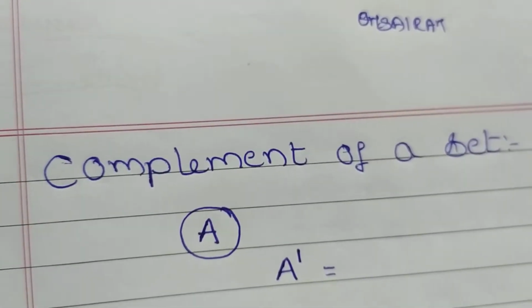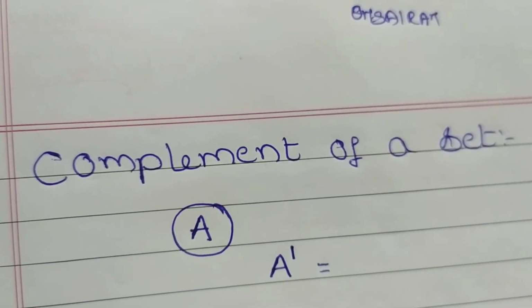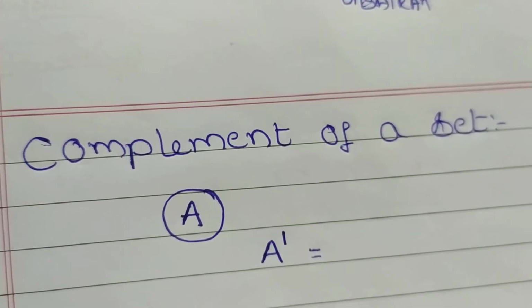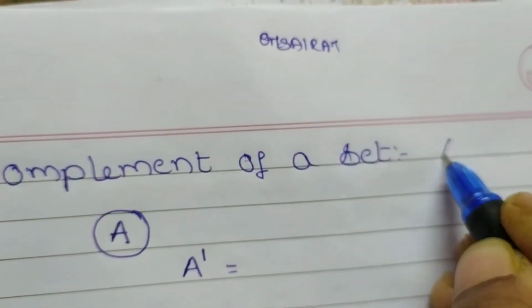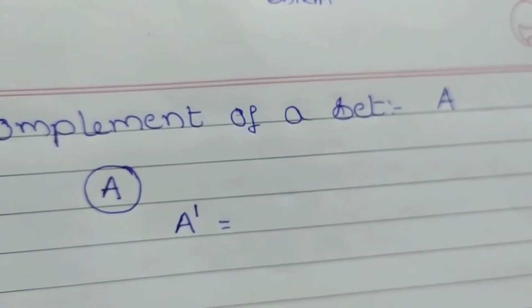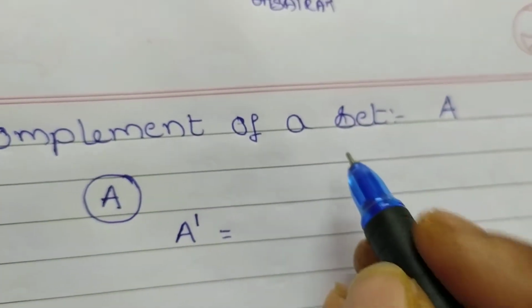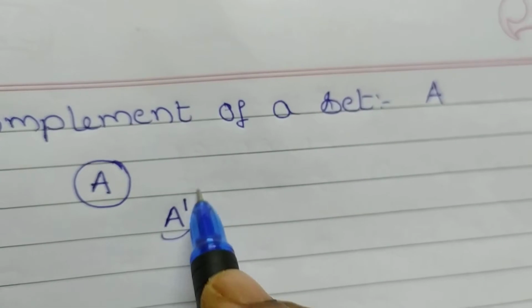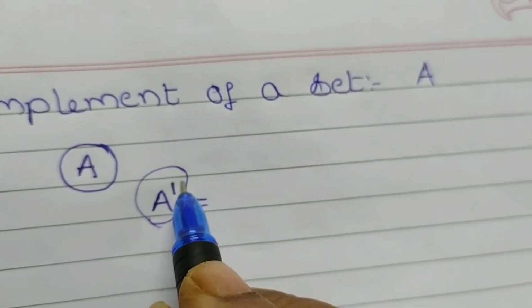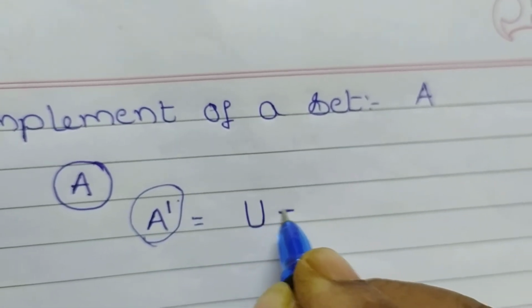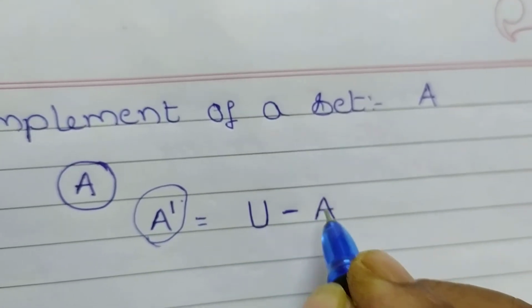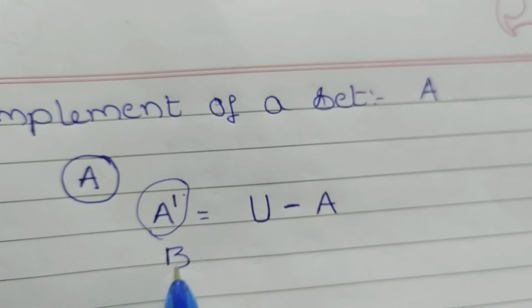Today we will learn some more concepts of sets, that is the complement of a set and some of the properties of the complement of a set. Suppose A is any non-empty set. Then A complement is denoted like this, and it is given by the universal set minus A. Suppose it is B complement, B is any set.